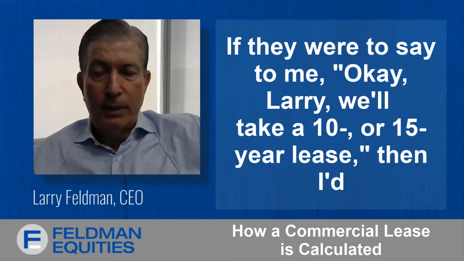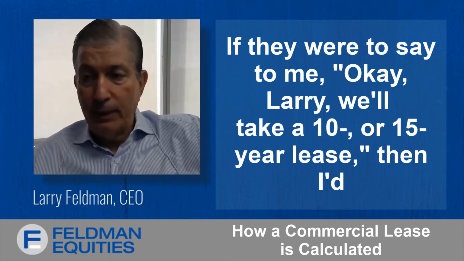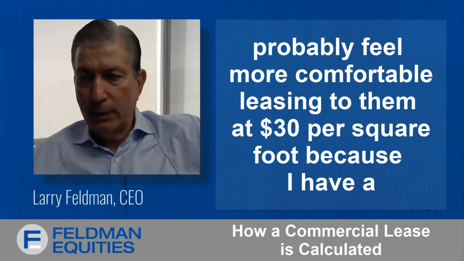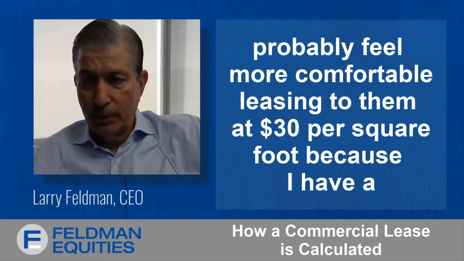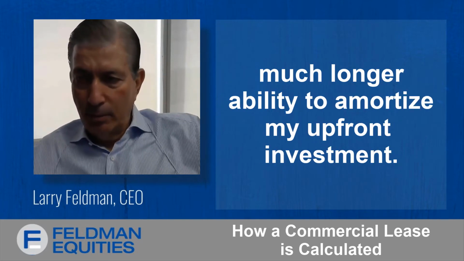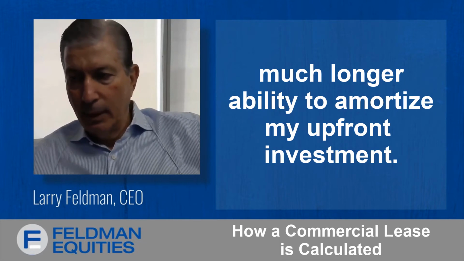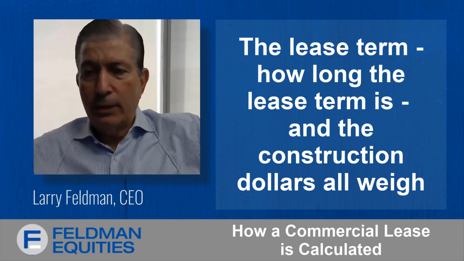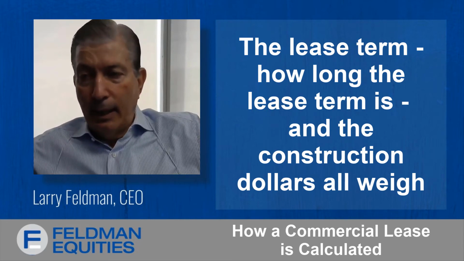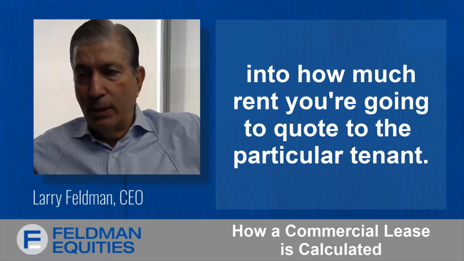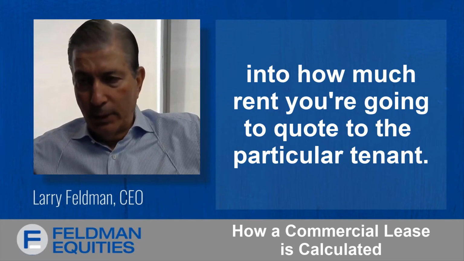But if they were to say to me, okay, Larry, we'll take a 10 or 15 year lease, then I'd probably feel more comfortable leasing to them at $30 per square foot, because I have a much longer ability to amortize my upfront investment. So the lease term and the construction dollars all weigh into how much rent you're going to quote to the particular tenant.